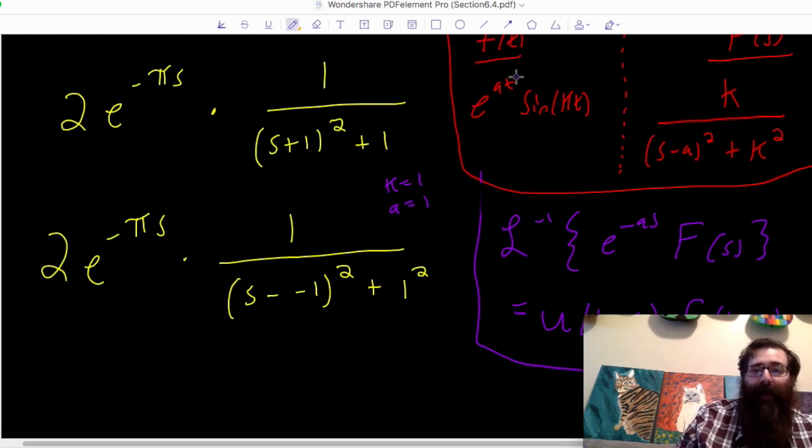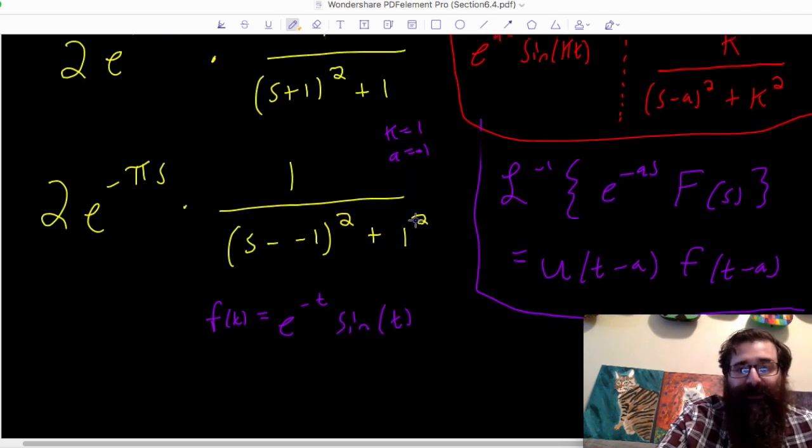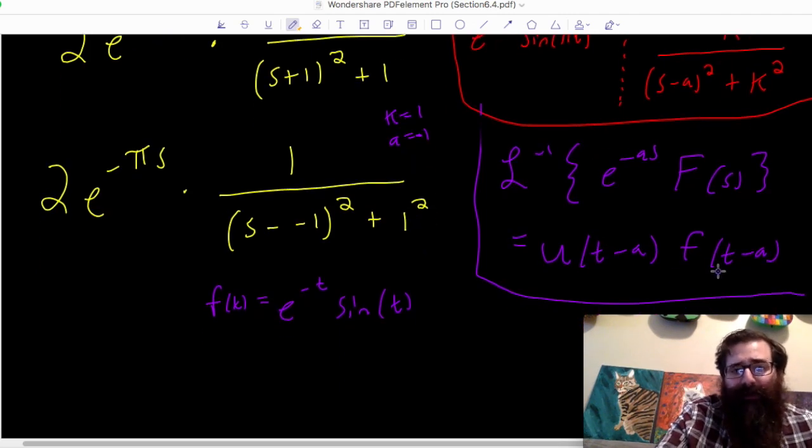So if I wanted to map this back to my function little f of t, we would say little f of t is e to the at, or that's e to the, where'd my minus go? e to the minus t, and then sine of kt is sine of 1t, or sine of t. Once I'm able to identify what that function little f of t is, I have to keep in mind that I should be shifting it.